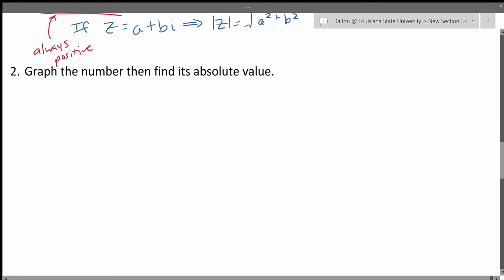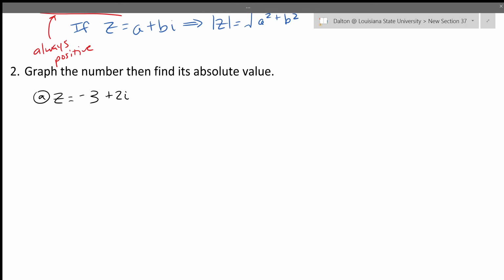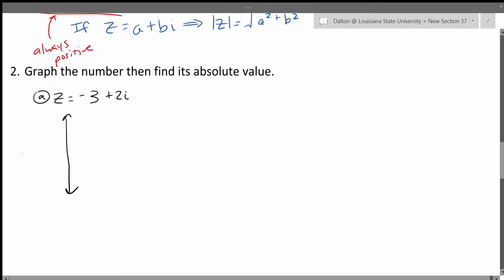So we'll do a couple of these. Example A. If I tell you that z is equal to -3 plus 2i, I want you to graph this number and then find its absolute value. Remember, when you draw a graph, you must label the horizontal axis as real, vertical as imaginary.